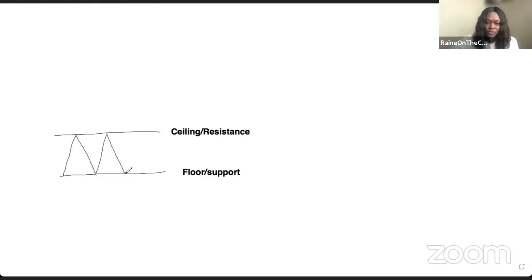Right? So if price breaks down to the downside, I'm not just going to get in either. I need to wait on price to come back to the floor.